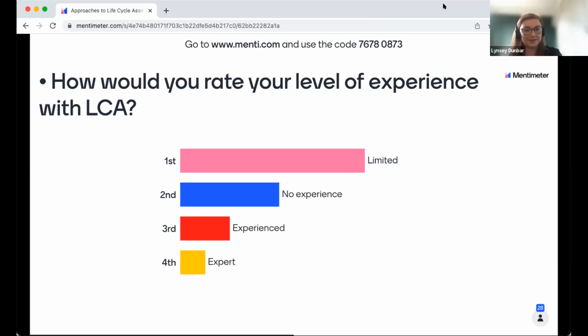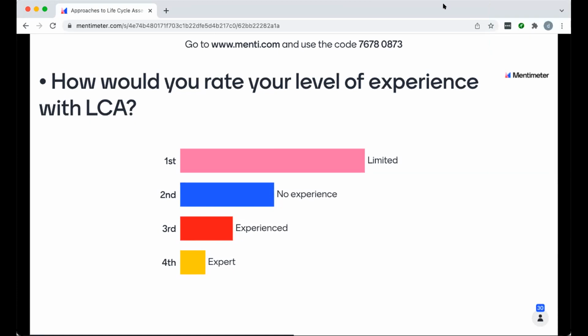So looks like limited is coming out on top. It's more with no experience, but then there's some people who are experienced and a few experts on our call today. Again, that's really useful insight.